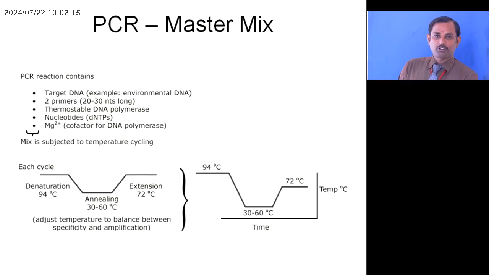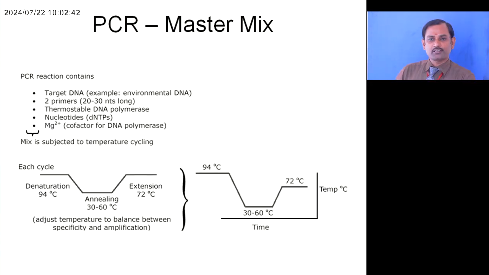The length of the forward and reverse primers should be in the range of 20 to 30 nucleotides. And thermostable DNA polymerase, that is Taq polymerase, nucleotides dNTPs, magnesium, Taq polymerase buffer, and milli-Q water. These are the chemicals needed for the preparation of the master mix.